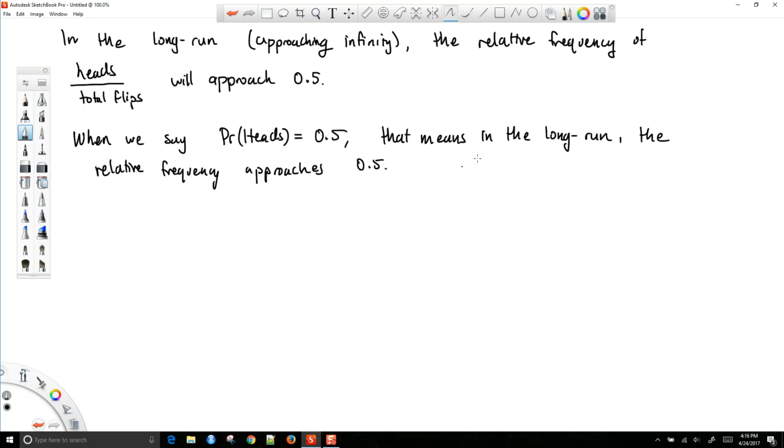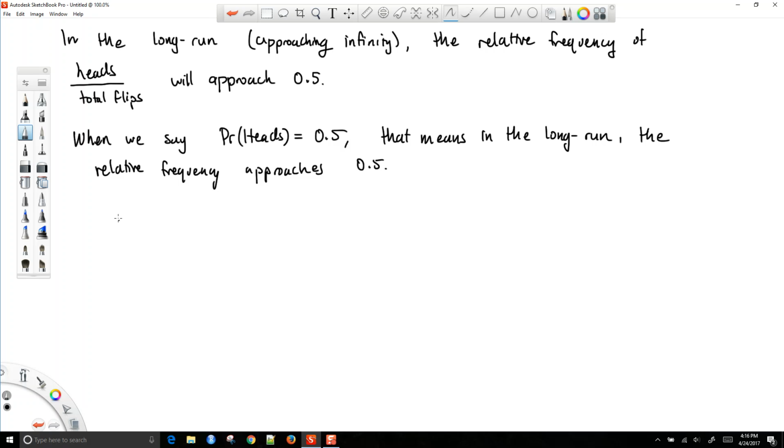So if I flip the coin 100,000 times, I might have 50,000 heads plus or minus 100 or so. But in that case, my relative frequency will be something like 0.501 or 0.499, a lot closer to that actual value of 0.5.